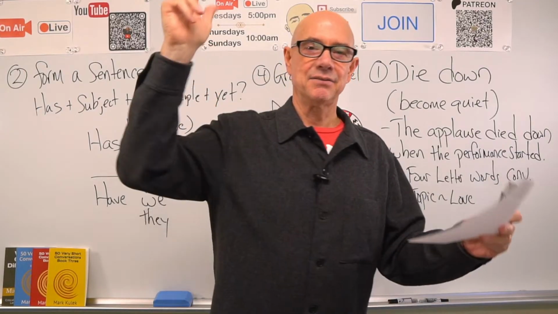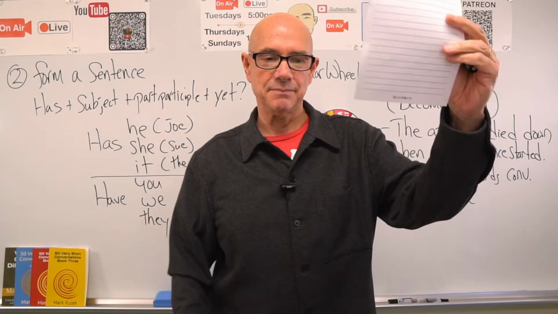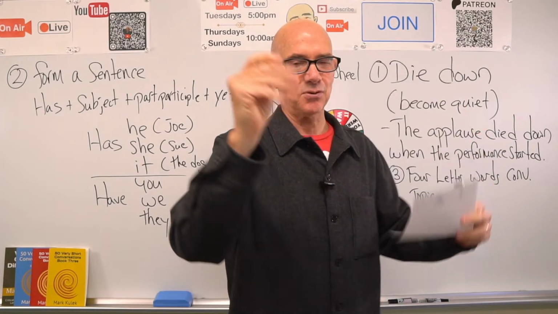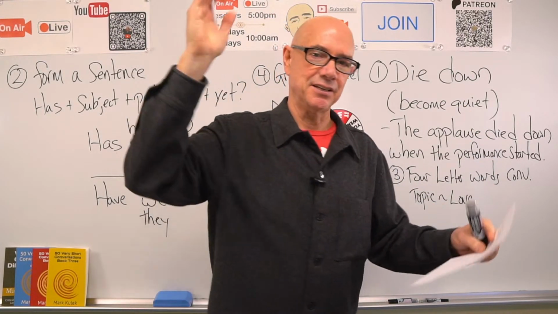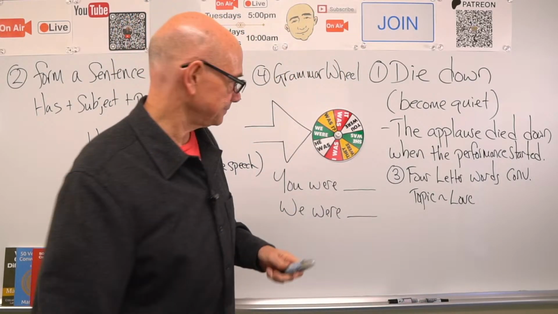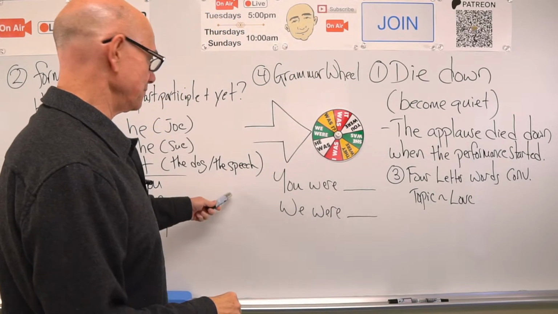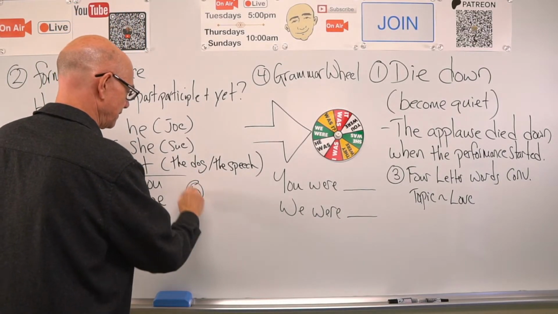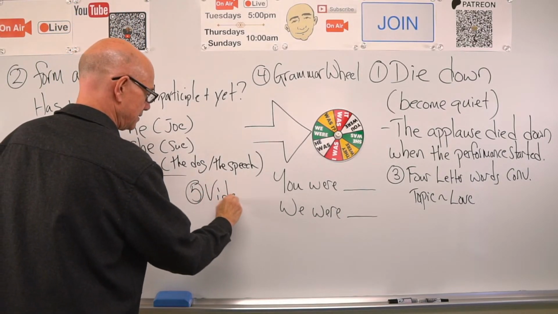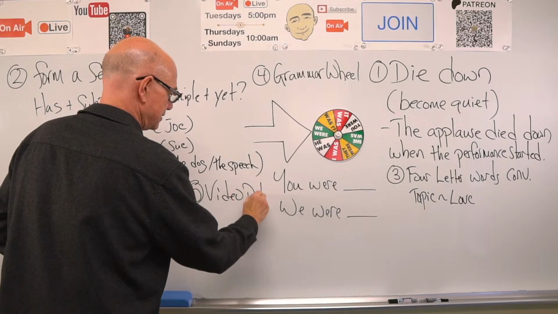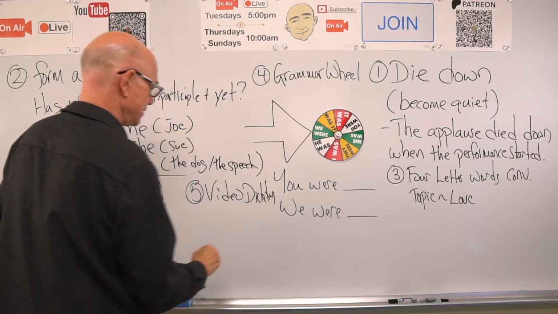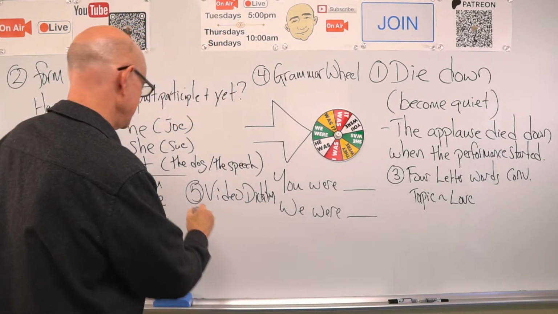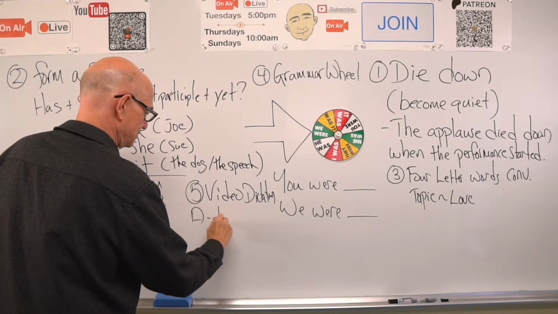Okay, we're going to our next activity. That is video dictation. You need paper. You need a pencil. You need pencil and paper for our next activity, video dictation. Number 5. I'm going to write it here. Video dictation. And we have 5 steps for video dictation. Step 1 is dictation, of course.